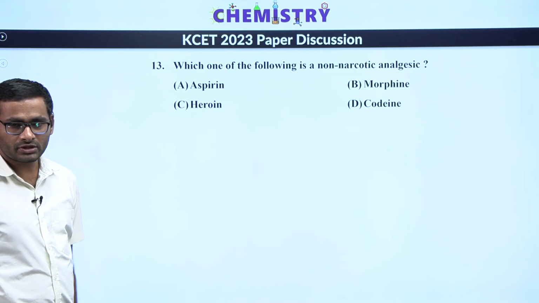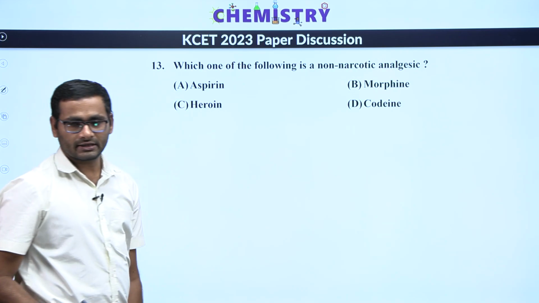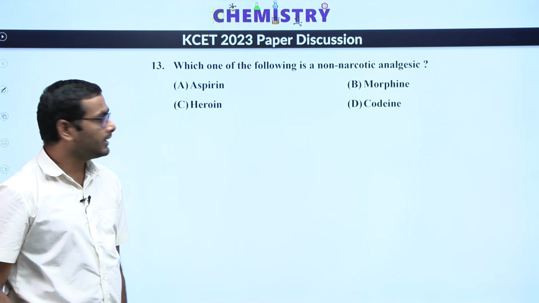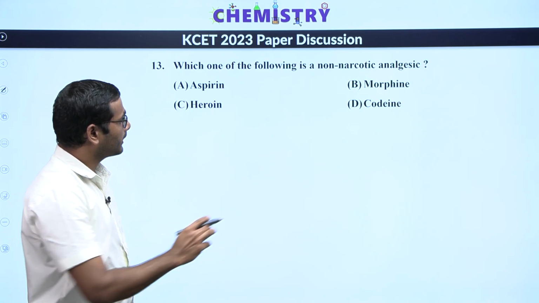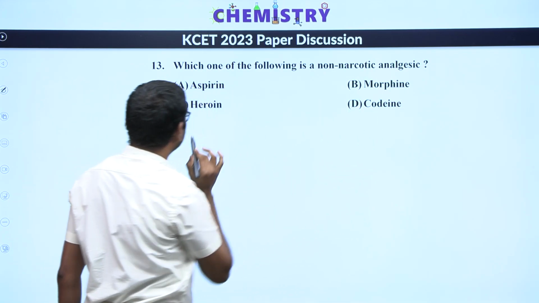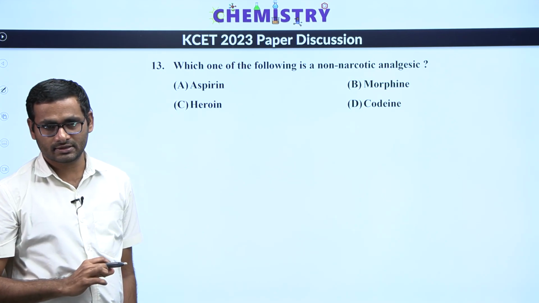Now 13th question. Which one of the following is a non-narcotic analgesic? Analgesics are of 2 types, narcotic and non-narcotic. Morphine, codeine, heroin, thebaine are nitrogen-containing alkaloid-related drugs.